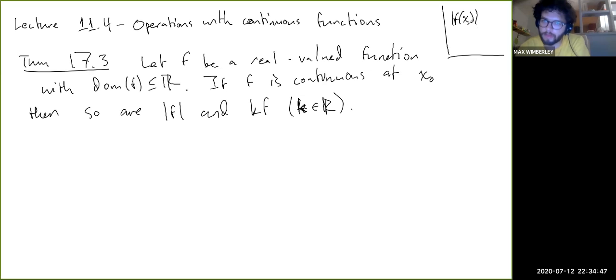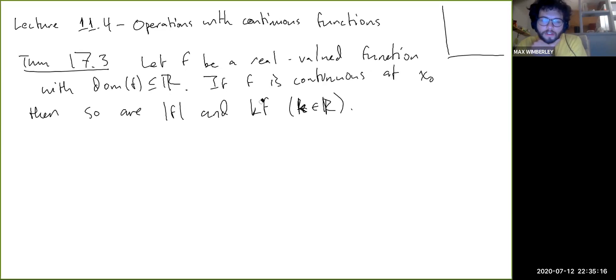So x is some number that you're plugging in, f of x is a number, and now you're just taking the absolute value of a number. But absolute value of f is the function you get by taking f and, for every input value, assigning the absolute value of the value of f at that input. So you get a new function, which is just taking the absolute value of all the values of the function f.